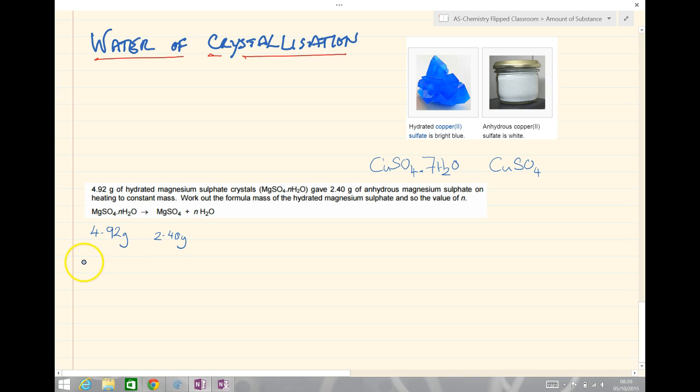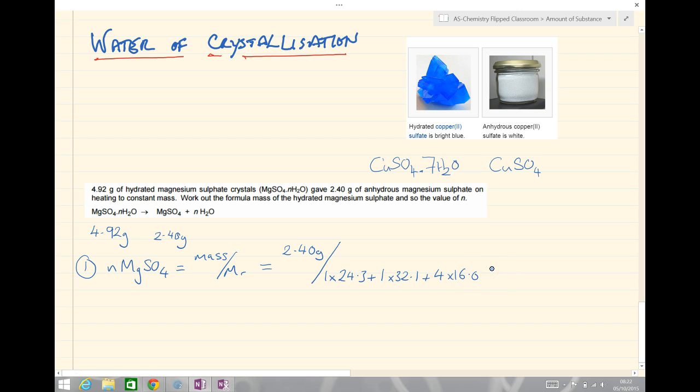The thing we can find the moles of is the magnesium sulfate in this instance, and that's going to be the mass over the Mr. Our mass is 2.40 grams, and the Mr, well, we have 1 times 24.3 for the magnesium, 1 times 32.1 for the sulfur, and 4 lots of oxygen in this molecule, 4 times 16.0.